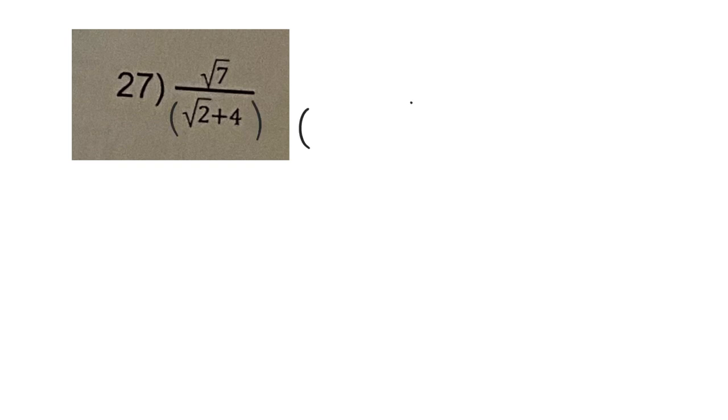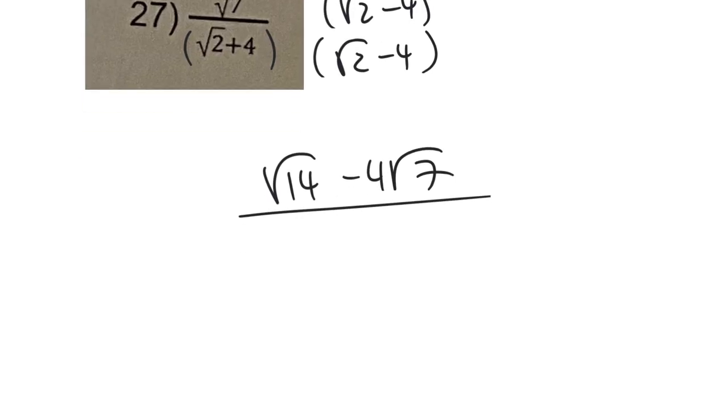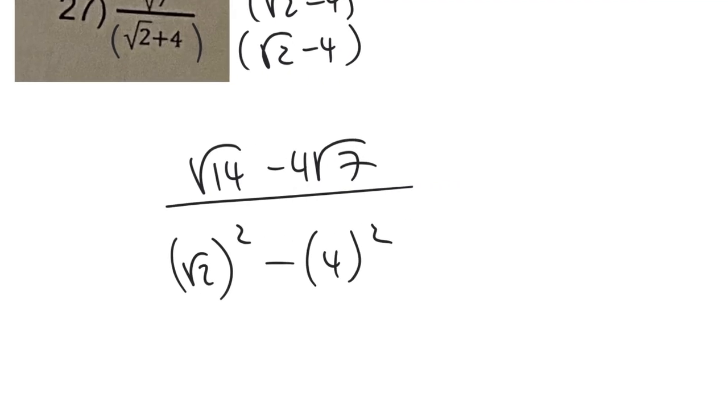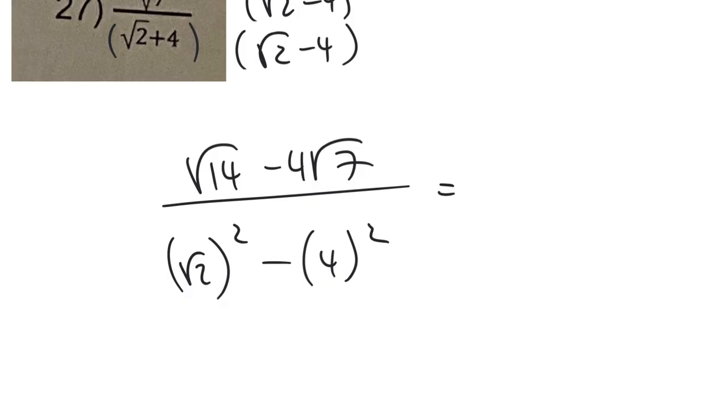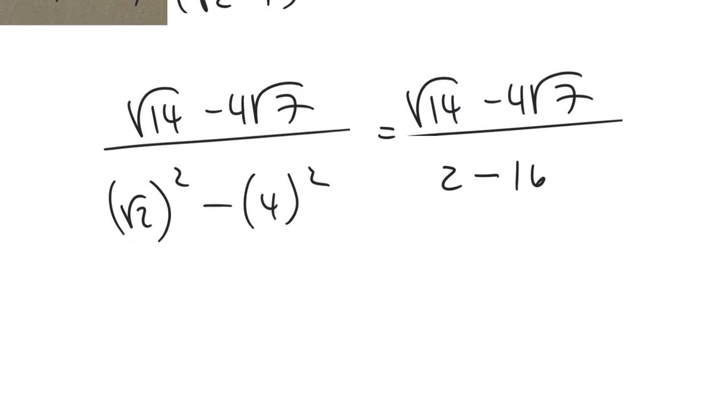Looking at this right here, conjugate, of course, radical 2 minus 4, radical 2 minus 4. Distributing, we have radical 14 minus 4 radical 7. It's going to be something squared minus something squared, aka radical 2, and then 4. Up top, is there anything we could do? No, we're kind of stuck with that, aren't we? And then on the bottom, of course, it's 2 minus 16.